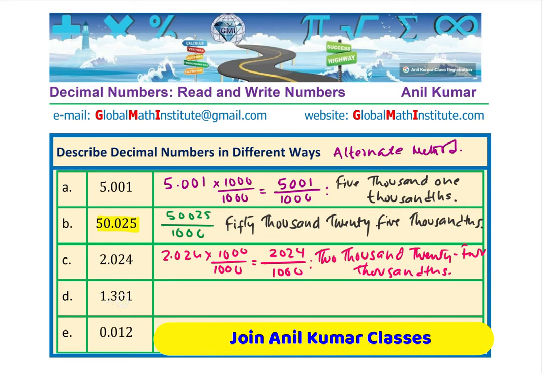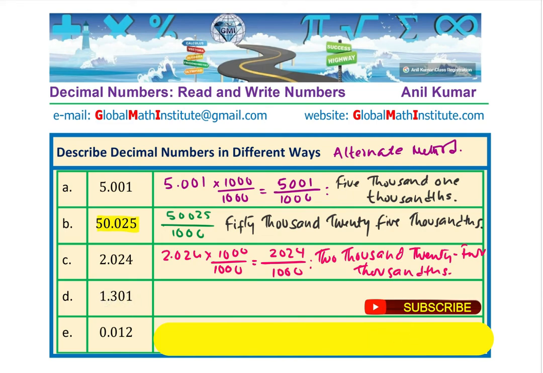So the next number will be what? 1 and 301 thousandths or 1301 thousandths, right?